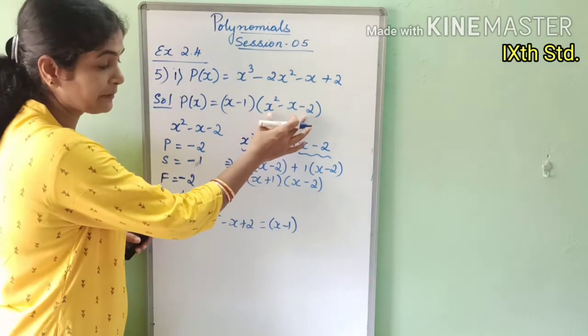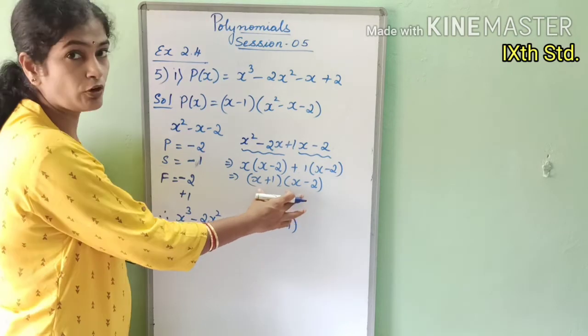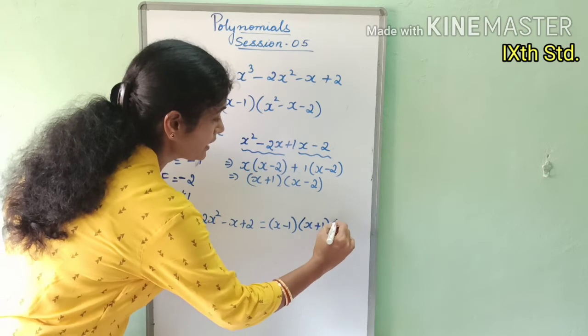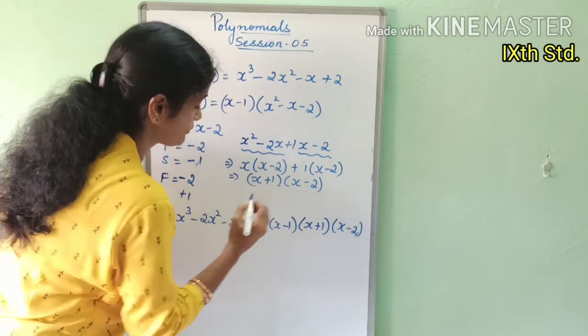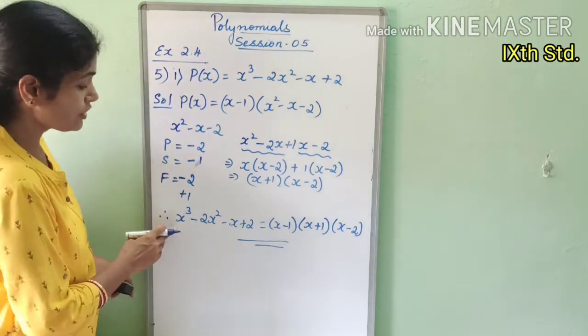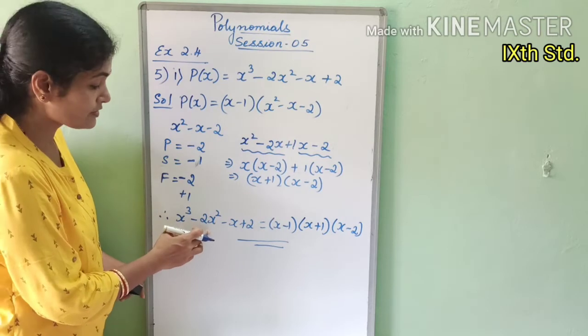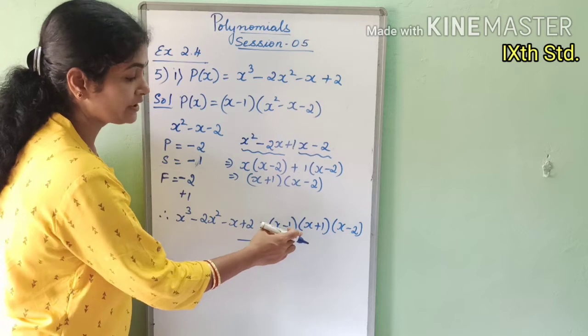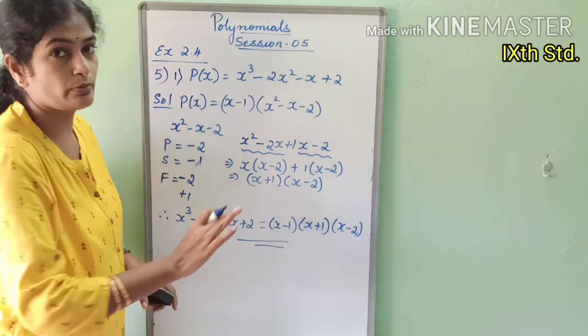This is a quadratic polynomial. You have factorized it and found its factors, x plus 1 into x minus 2. Therefore, the factors of x cube minus 2x square minus x plus 2 are x minus 1 into x plus 1 into x minus 2.